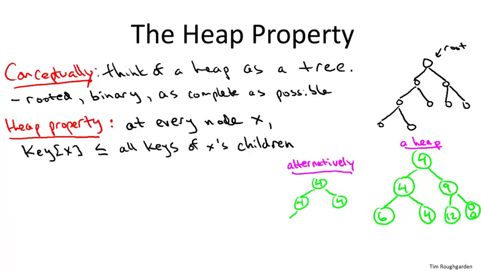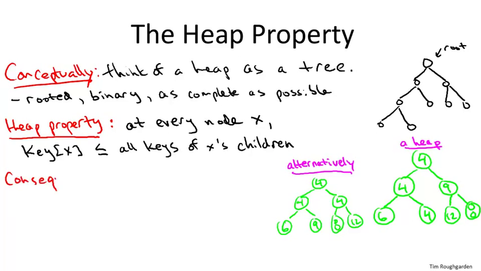The important thing is that in any heap, the root has to have a minimum value key. Just like in these 2 organizations of these 7 keys, the root is always a 4, the minimum key value. So that's a good sign, given that one of the main operations we're supposed to quickly implement is to extract the minimum value. So at least we know where it's going to be. It's going to be at the root of a heap.